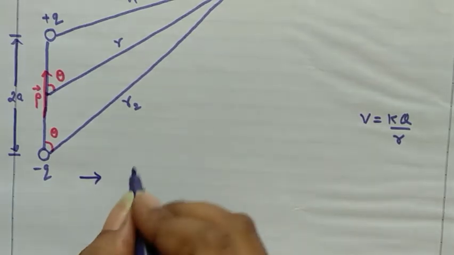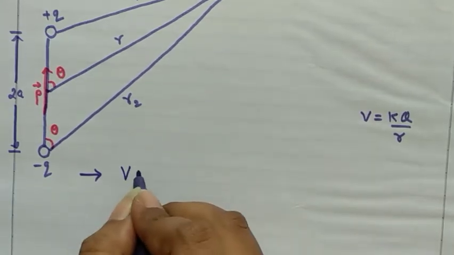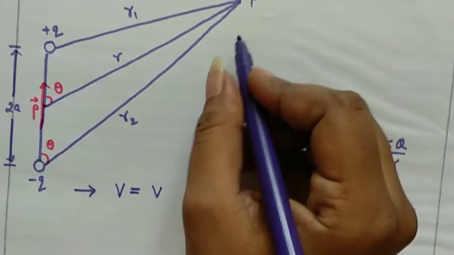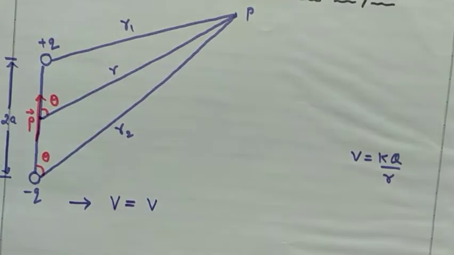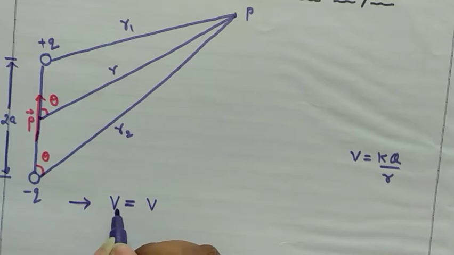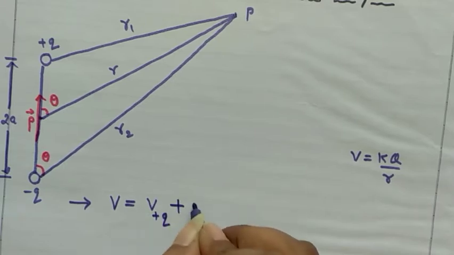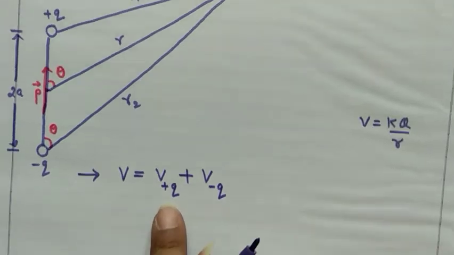So from the principle of superposition, V is the total potential at point P, which equals the potential due to the positive charge plus the potential due to the negative charge. Now I'll substitute the values.